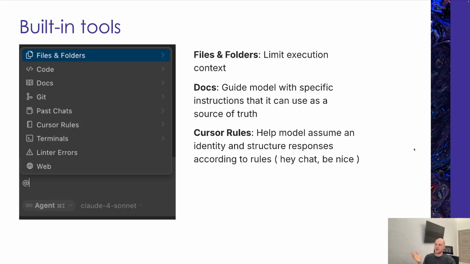There's docs and cursor rules. We'll cover them a little later. But basically, docs are about the specific instructions that your project has and the instructions that you want LLM to follow. And rules are just like personified guidelines for your model.